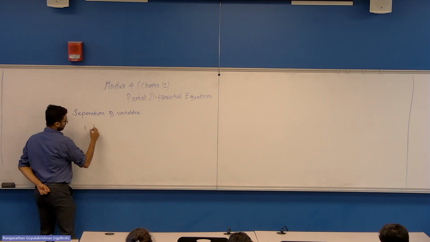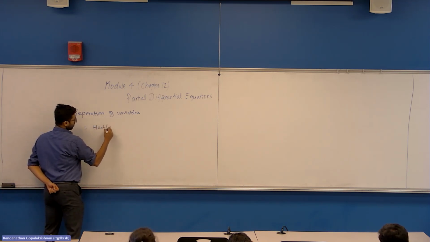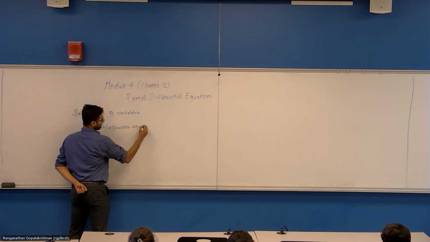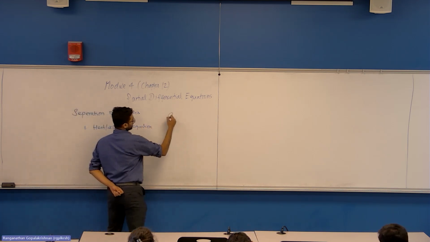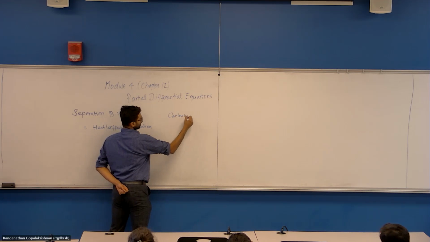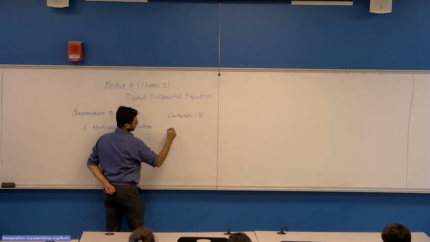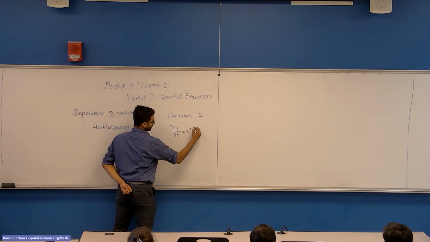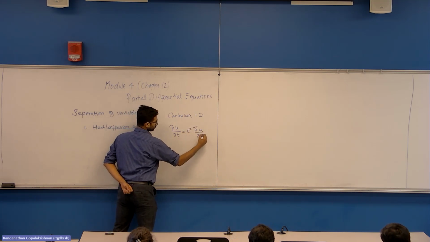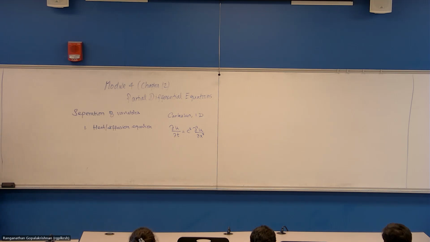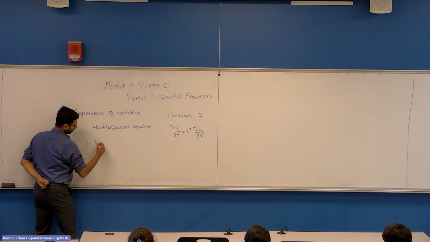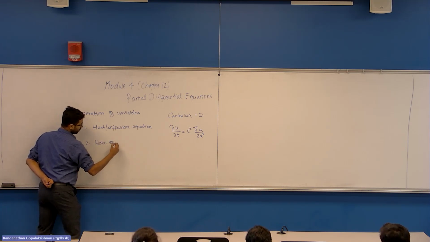The first type is called the heat or diffusion equation, which in Cartesian form and in one dimension is written as partial u over partial t equals c squared partial squared u over partial x squared, where c is a real number. And the second type of equation we are going to see is the wave equation.